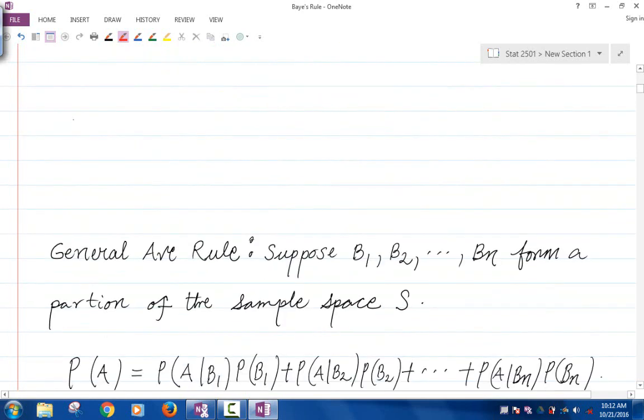let's say we toss a coin twice. In that case the sample space is what? HH, HT, TH, TT.